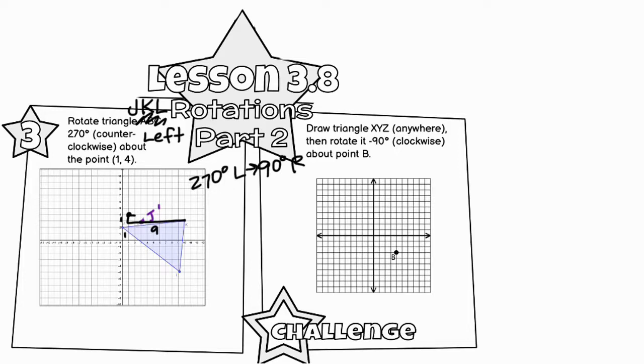Oops, I'm going to run out of room. 1 by 9 here. I'm going to go up a little bit higher. So that's going to be your new K. That goes all the way up to 13. So there's my new K. So I'm going to erase all this, try to scoot around J.